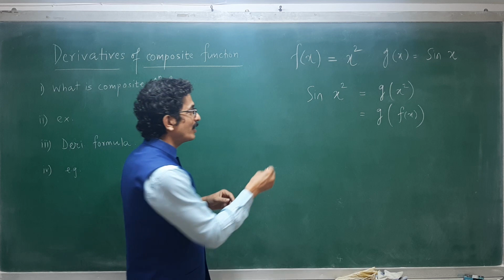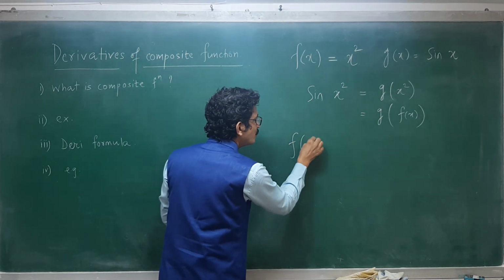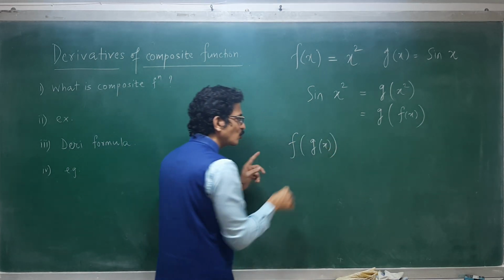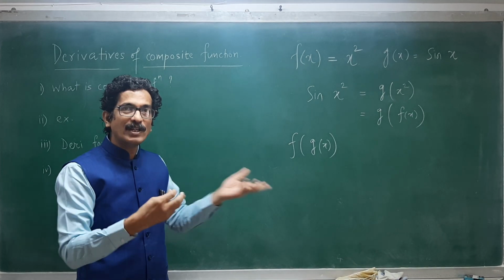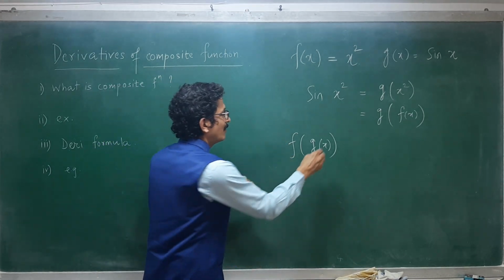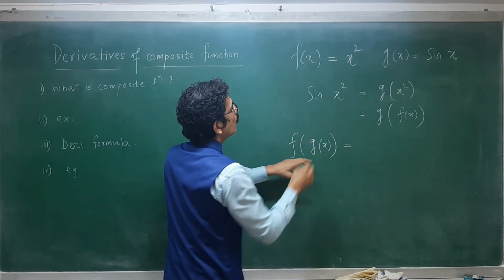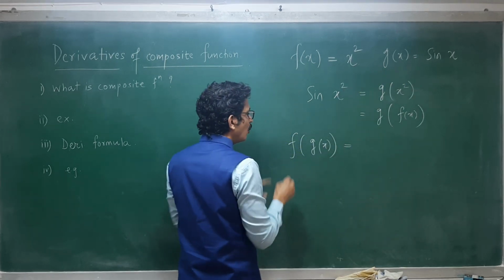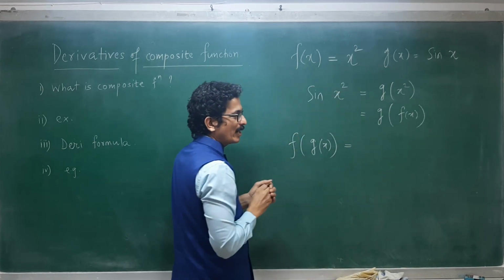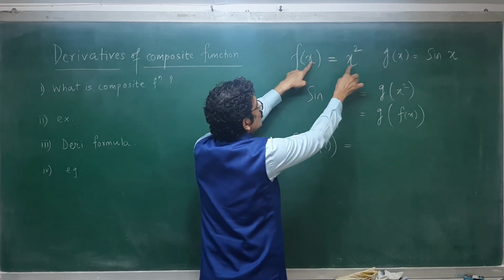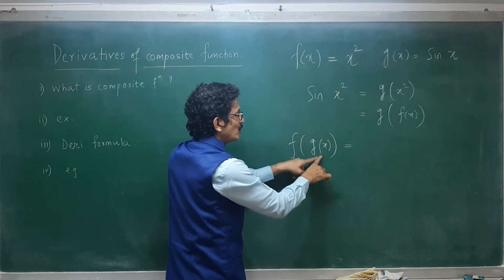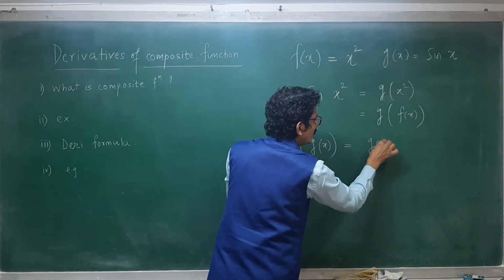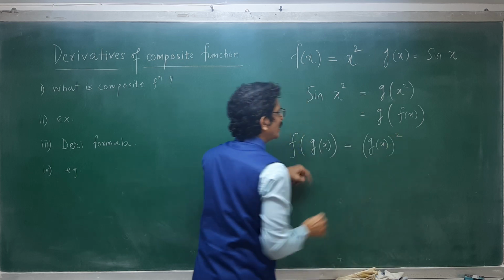So g of f of x is nothing but sine of x square. But it could have been different, such as f of g of x. This can also be called a composite function. I know what g of x is, sine x, and f of x is x square. So when g of x comes here, it is going to be g of x, the whole square.